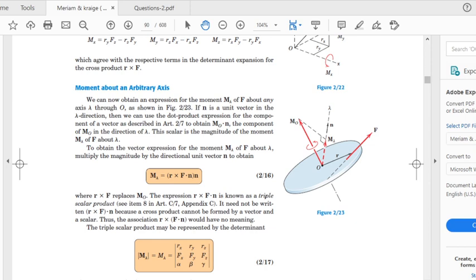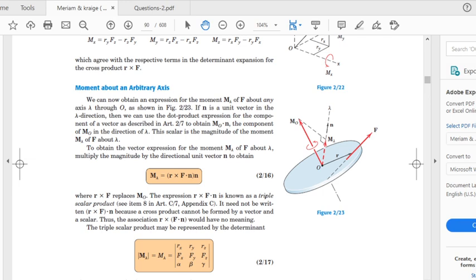Or in simple words, as we have studied at the beginning of the course when we talked about projection and components, this is just equal to vector MO dot product with the unit vector along the line. That will give us the projection along line lambda.